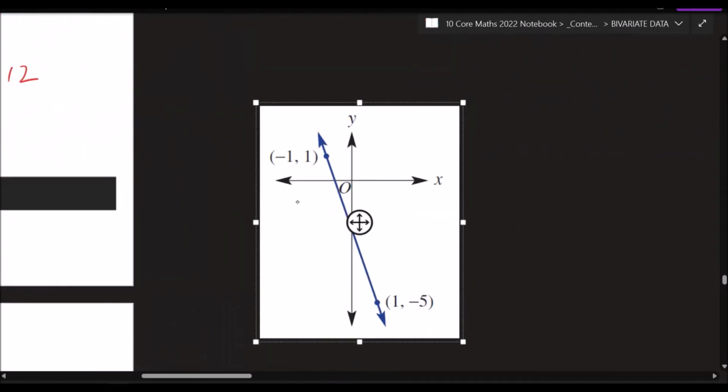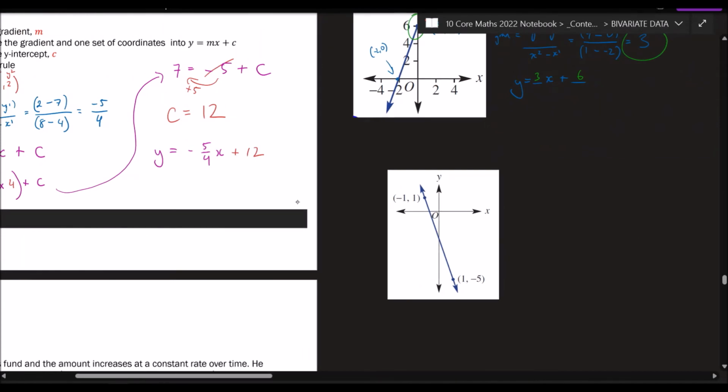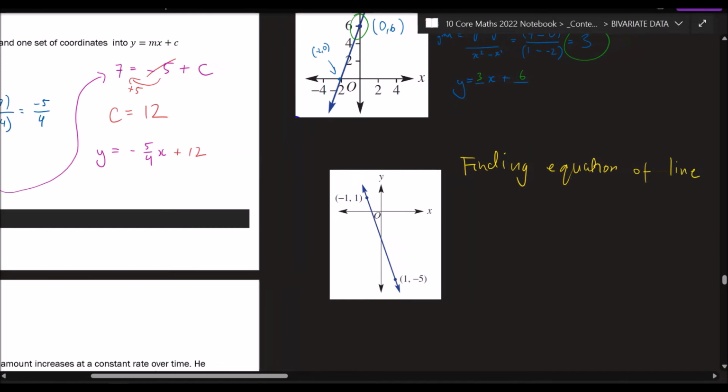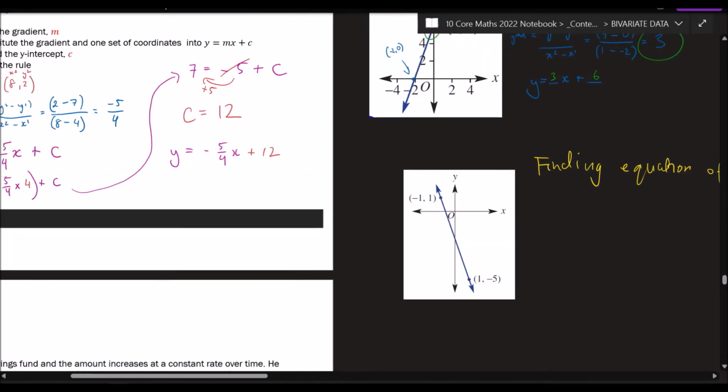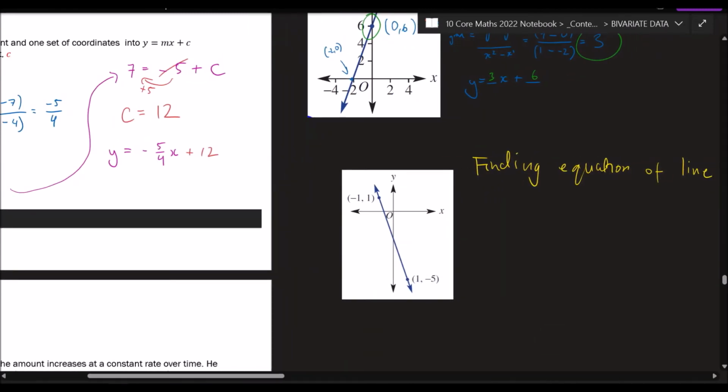And let's call it finding equation of line. Okay. Copy that one in there. I want you to have one of these in your bound reference. It's going to be good to have. Okay, copy this one in your bound reference. Be a good one.